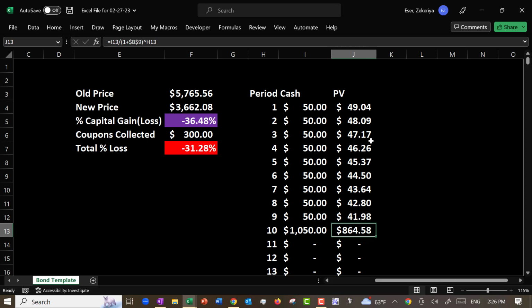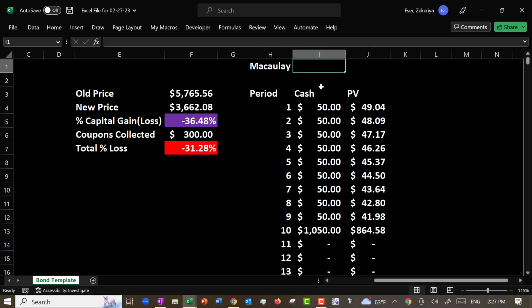And my call duration is going to be simple. Take the sum product, which means I'm going to provide two ranges. In each row of those ranges, multiply the items in the row and add the products.